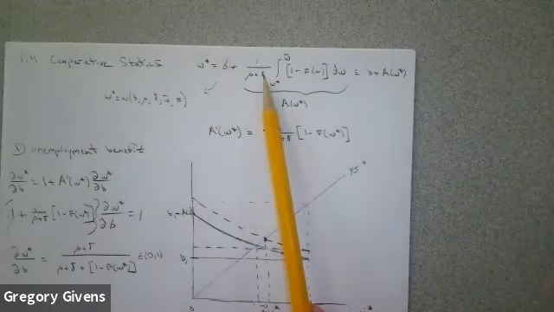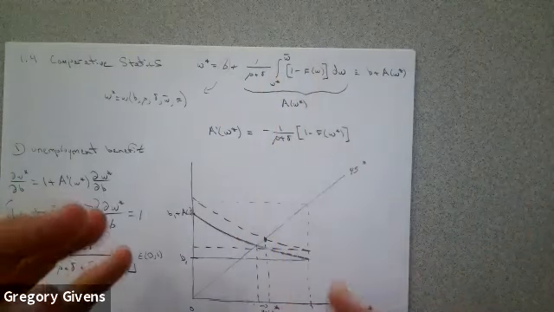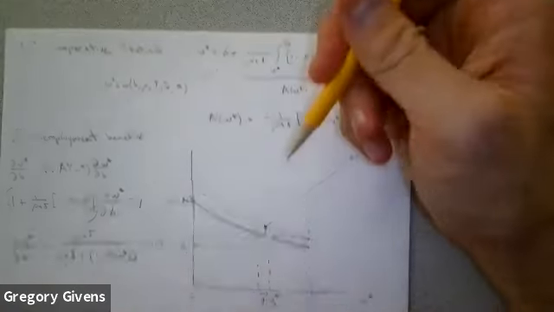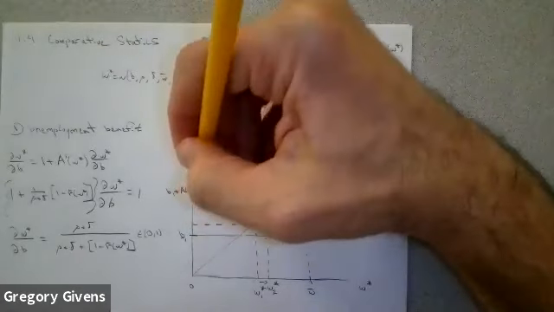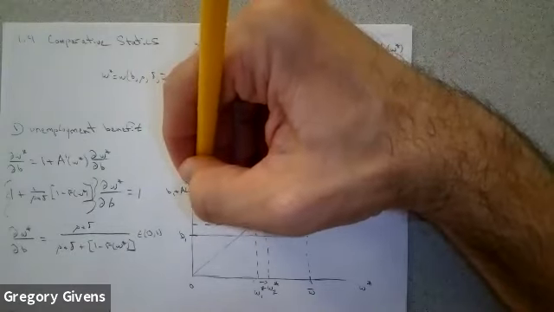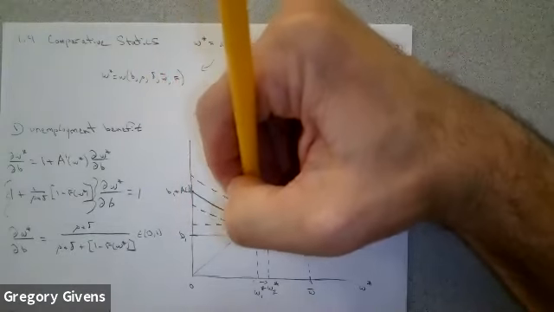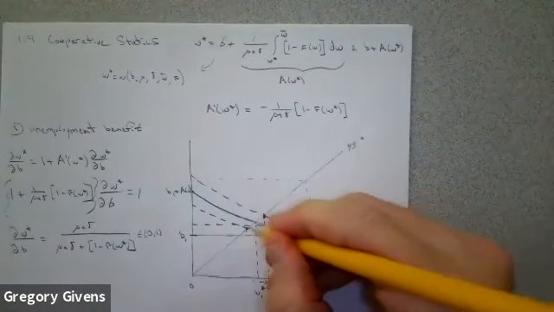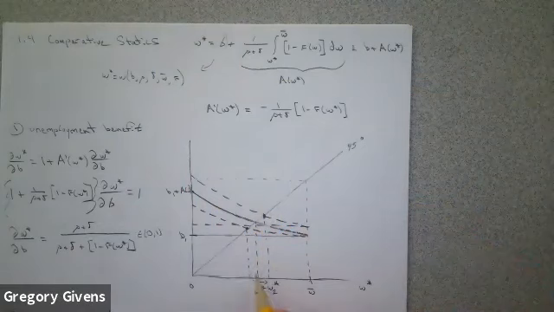As rho or delta gets bigger, the entire A term is going to shrink. And therefore, this line here is going to rotate down in a counterclockwise fashion. In which case, the new equilibrium point would be over here to the left, let's say at W3 star.